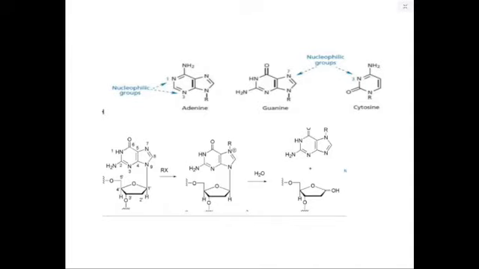Now, when you talk about alkylation, remember what is coming in is an electrophilic group. So it will come in with a deficiency of electrons, and therefore once it comes in, it can alter the shape. It can alter the tautomerism. It can alter the distribution of electrons within that molecule, and that can lead to a number of things happening to the DNA where it has bound.